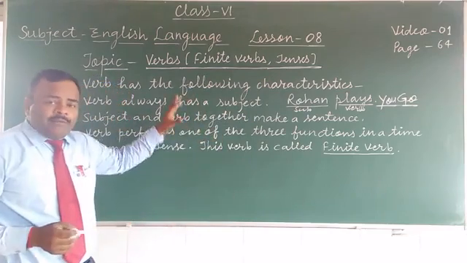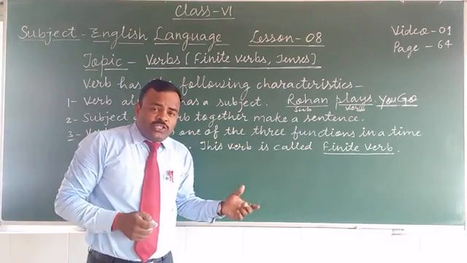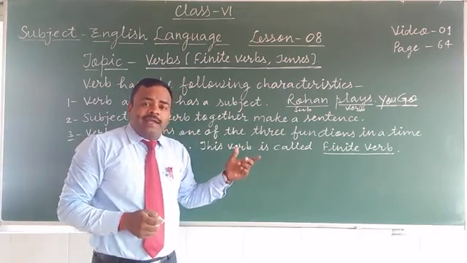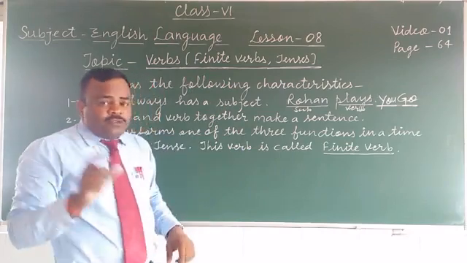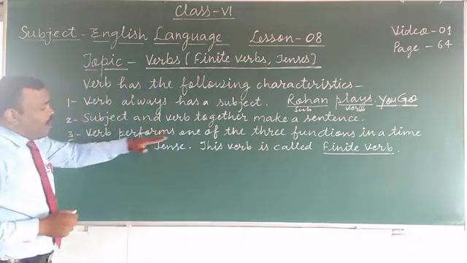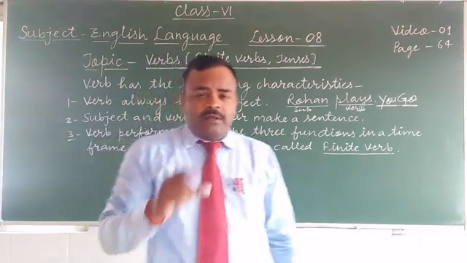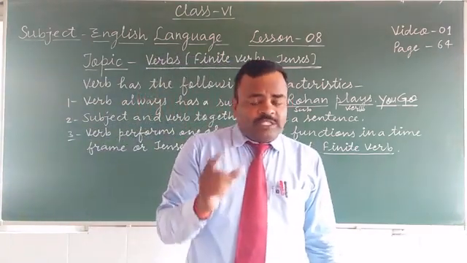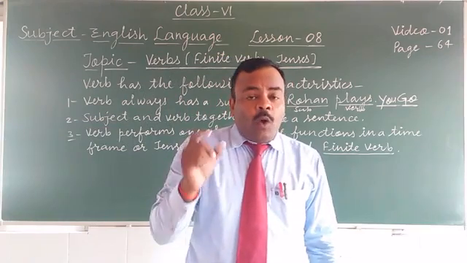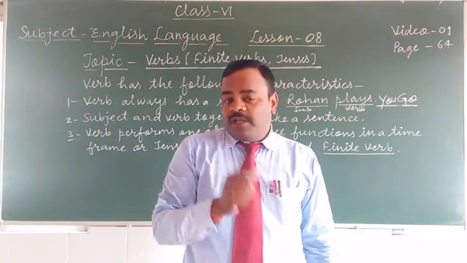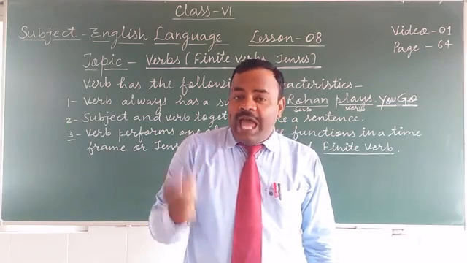So verb you have studied. Verb is a word used to show an action. But finite verbs: here verb performs one of the three functions I taught you earlier. Verb performs three functions. First, it shows what the noun is, what the subject is. Second, it shows what the subject has.